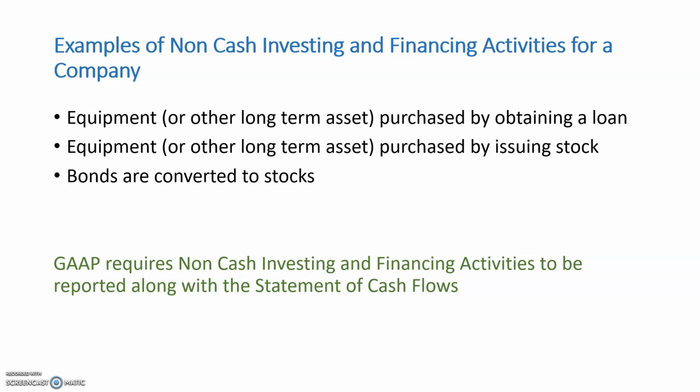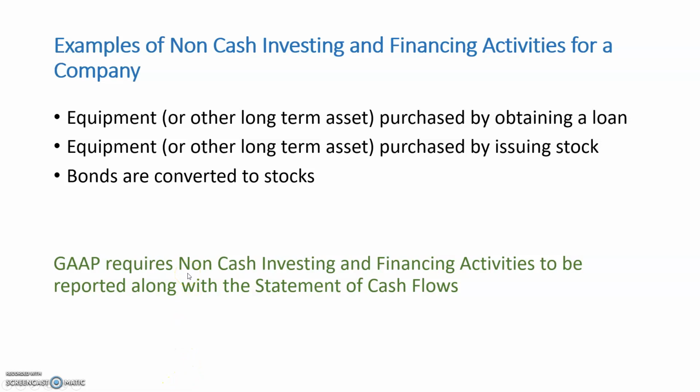The types of activities they require to report are called non-cash investing and financing activities. So this is basically whenever a company exchanges either an asset or a loan for another type of asset or a loan, or exchanges an asset for equity or a loan for equity.